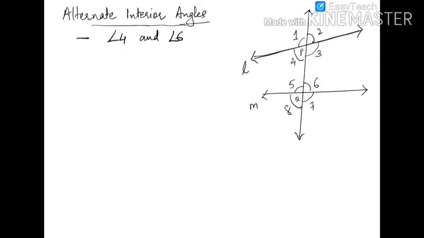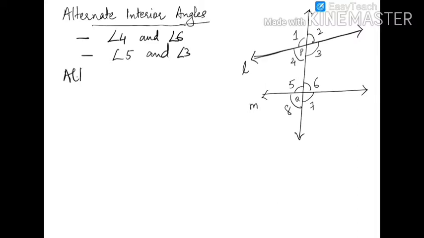Likewise, angle 5 and angle 3 lie on the opposite side of the transversal but are in the interior of the two lines L and M. So angle 5 and angle 3 are also alternate interior angles.